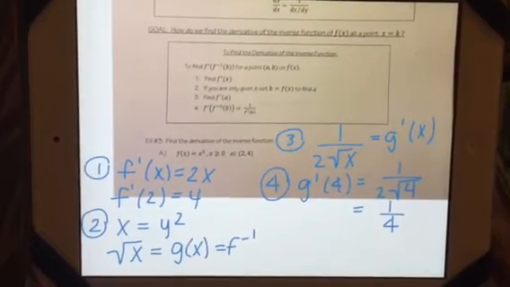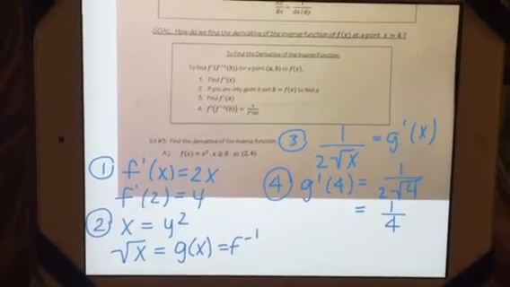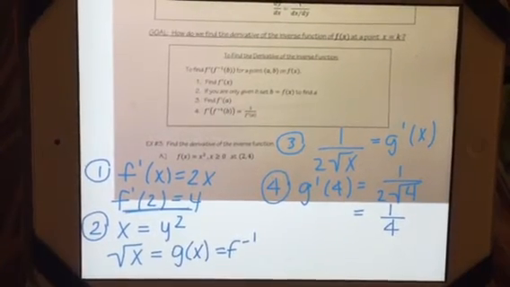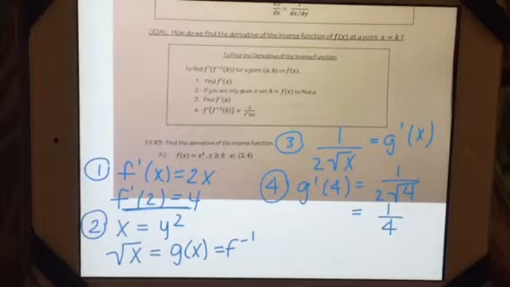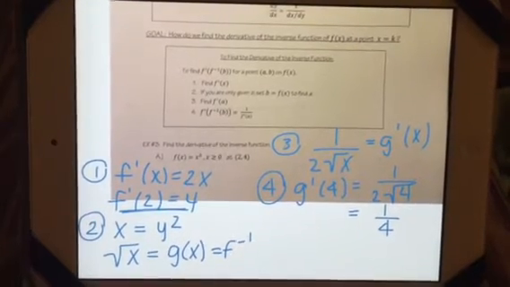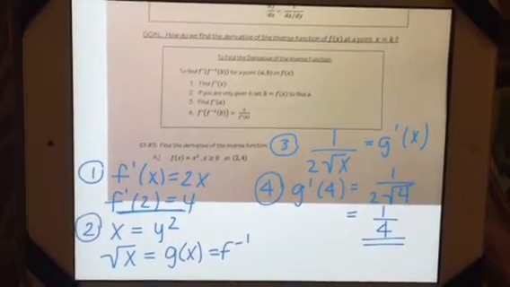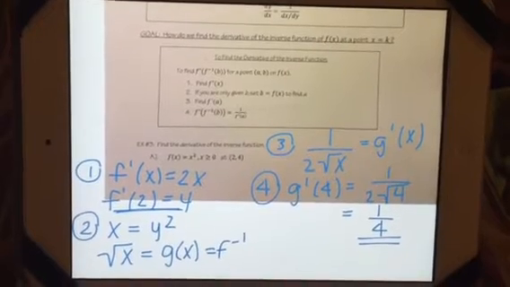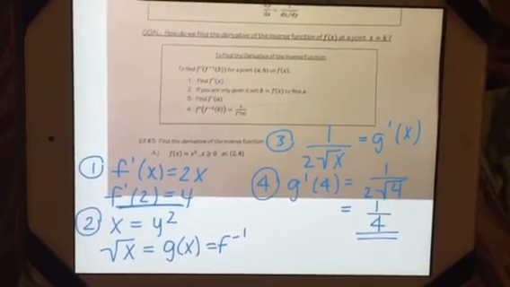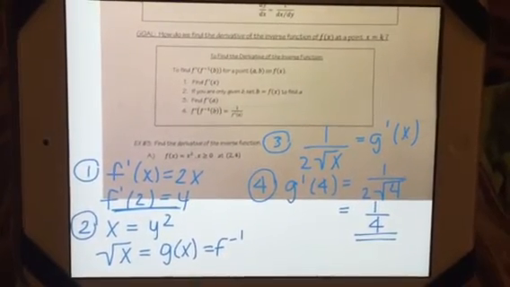But what do you notice about the value of the derivative of the function and the value of the derivative of the inverse function? Well, inverses have reciprocal slopes.